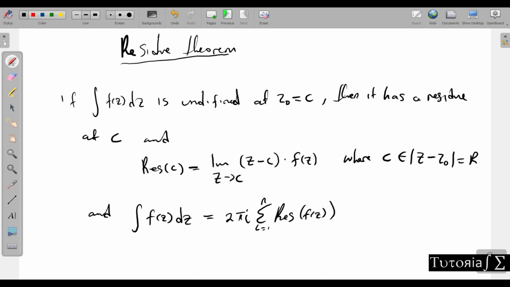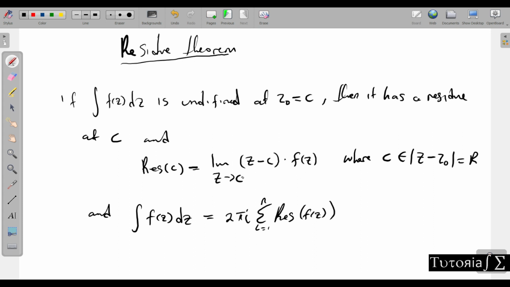Let me explain it simply. If we have an integral and that integral is undefined at some point z naught equals c, then it has a residue at c, and we can find the residue at c using this formula: the limit of z minus c, where c is the point at which the function is undefined, times the function, which is usually the entire function.